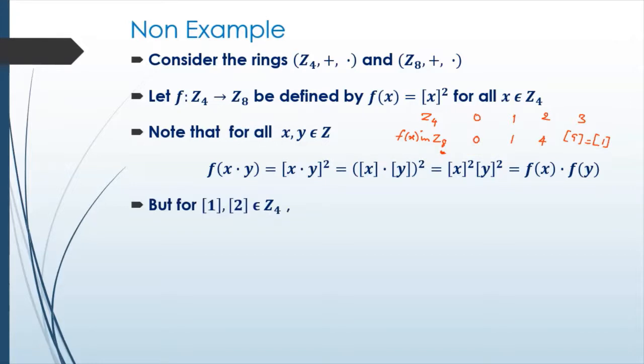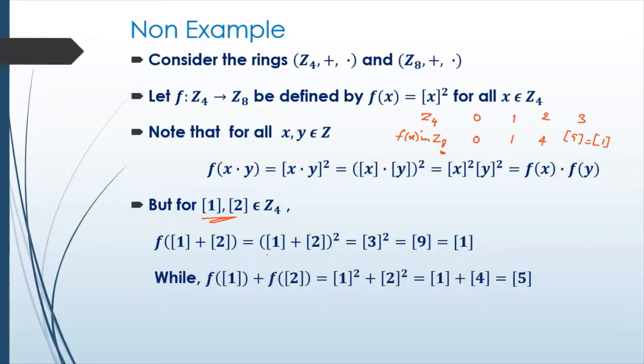But for addition, you consider two elements, class 1 and class 2, belonging to Z4. You may note that f of class 1 plus class 2 is equal to class 1 plus class 2 whole square by the definition of f, and which is equal to class 3 whole square, which is 9, which is equal to 1. So class 1 plus class 2 when squared gives 1.